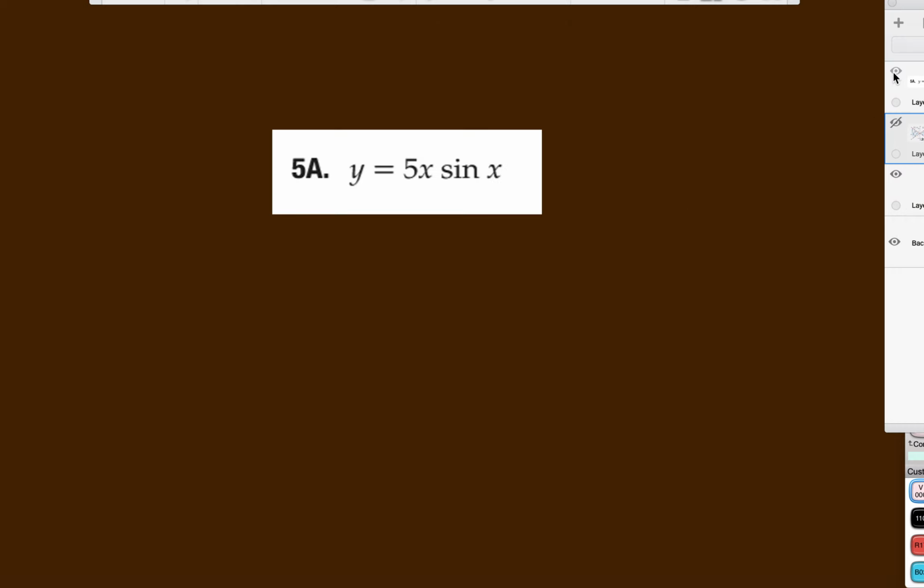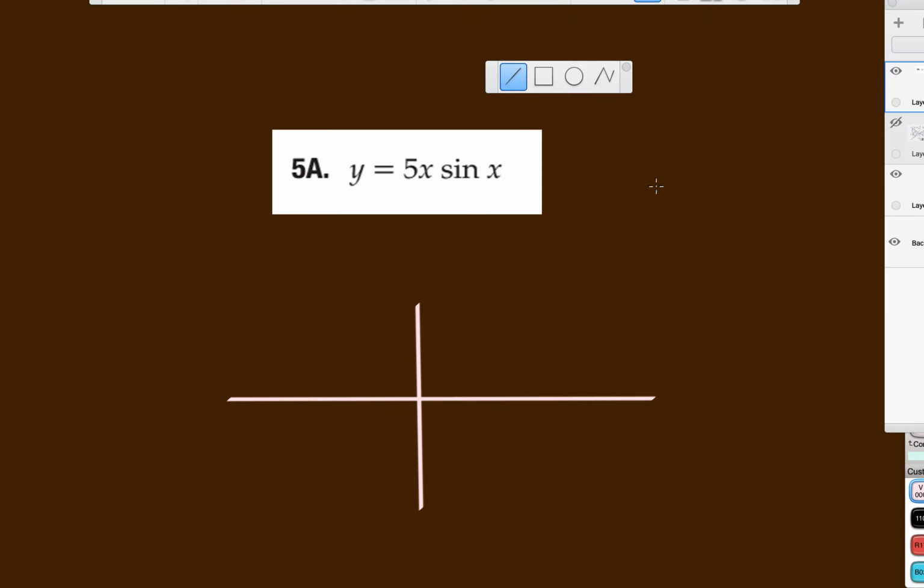I'll move to the next screen. Let's use this. Okay, so let's just take this idea, and I'm going to create an axis for it. I forgot to create this first, so let me just create an axis for it. Go from here to here. All right, so now I have an axis.